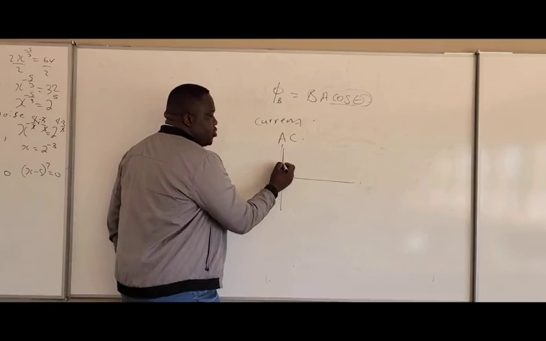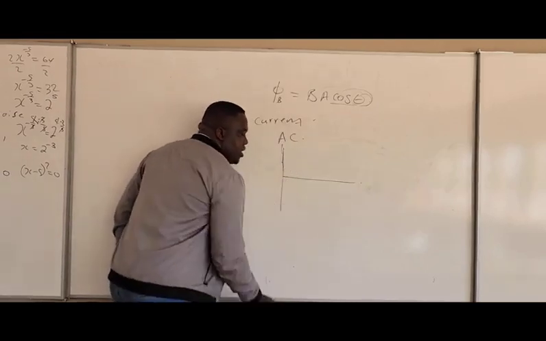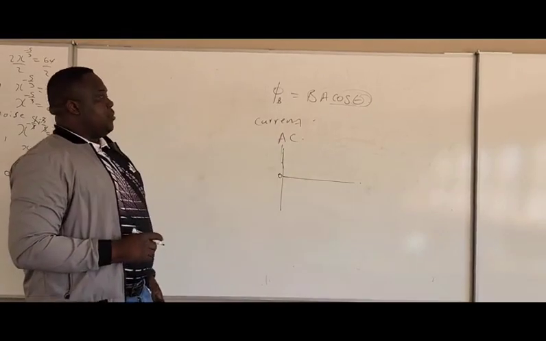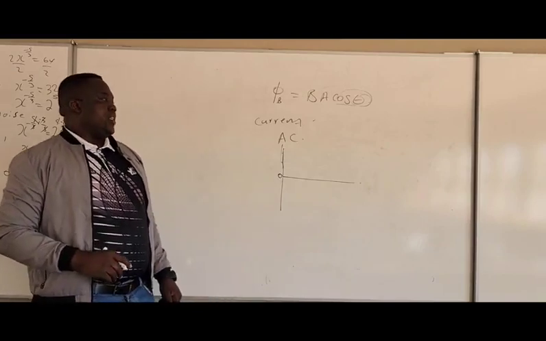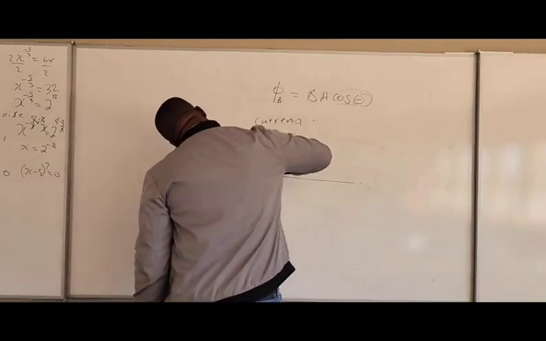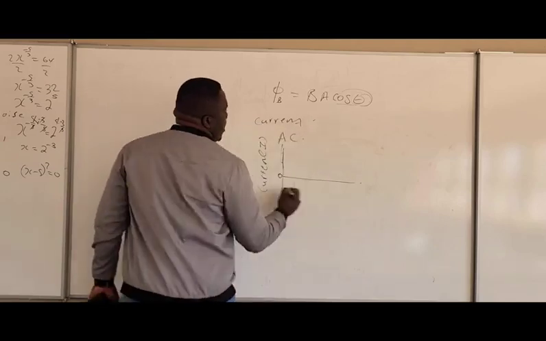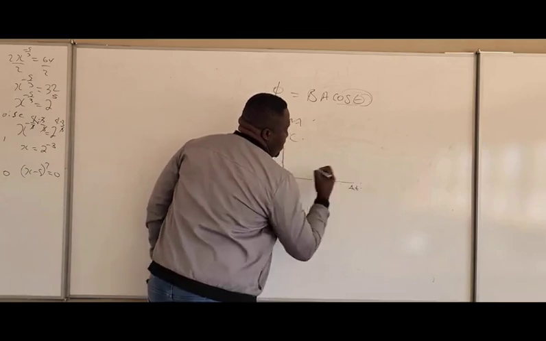I know there's 1, 2, 3, 4 going up and -1, -2 going down, and this is 0. For current, and here is the change in time.